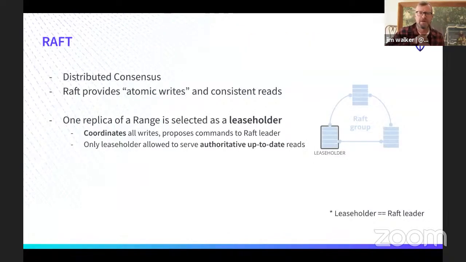So Raft is a distributed consensus protocol, and if you're not familiar with distributed principles, I would suggest starting here. I think Raft is such a great baseline for people to actually understand distributed principles. etcd, which is a core part of Kubernetes, implements Raft.